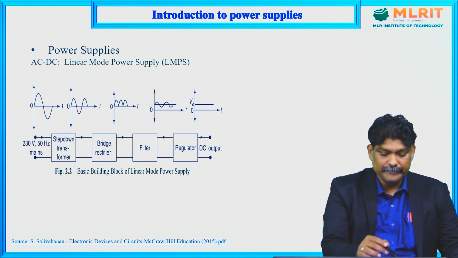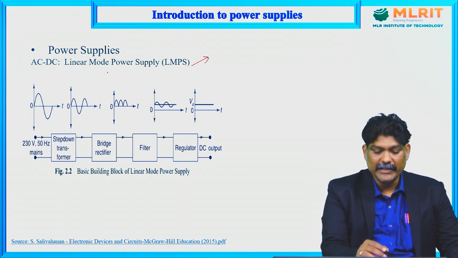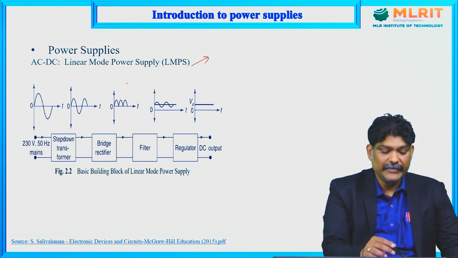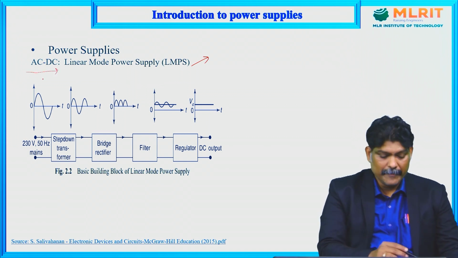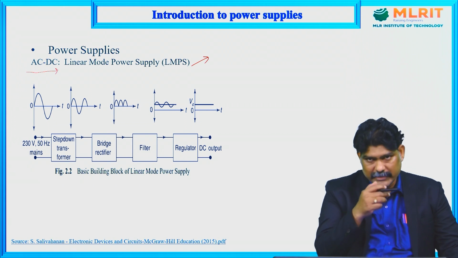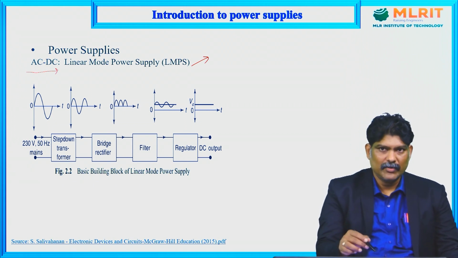Now let us see the actual block diagram of the main power supply. Here LMPS is the network, linear mode power supply, in which AC is converted into DC. All electronic gadgets cannot be operated using an AC signal; they require DC.